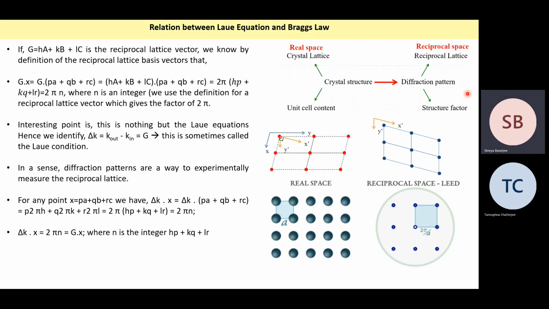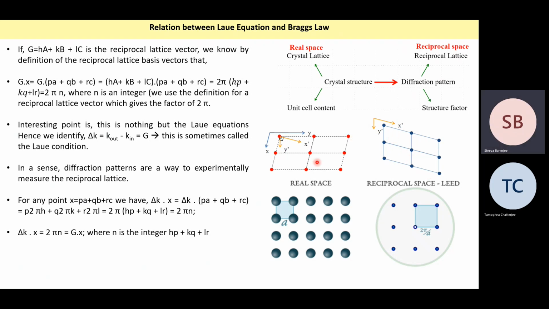And you can solve the diffraction pattern to get what is called a reciprocal lattice, which occupies the reciprocal space. So here you can see this is the real space where the arrangement of atoms of the crystal is found, and this is the reciprocal space, which is the solution of the diffraction pattern.